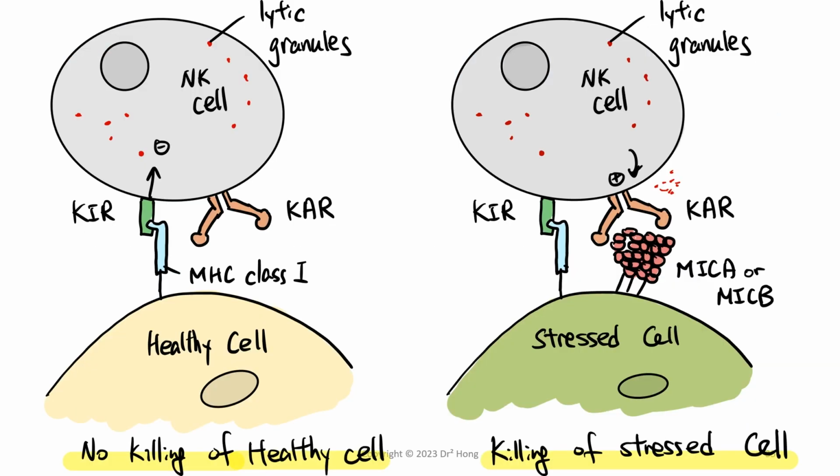So here is the graphical summary of what we've just talked about. Notice that the binding of a normal number of MHC class 1 would lead to killer inhibition and not harming the cell. And binding of stress-related molecules, MIC-A or MIC-B, to killer activating receptors will lead to release of lytic granules that will kill the stressed cells, which are often infected by viruses.